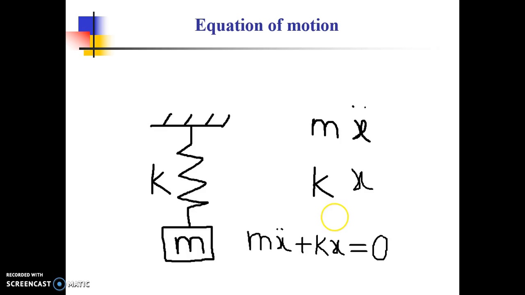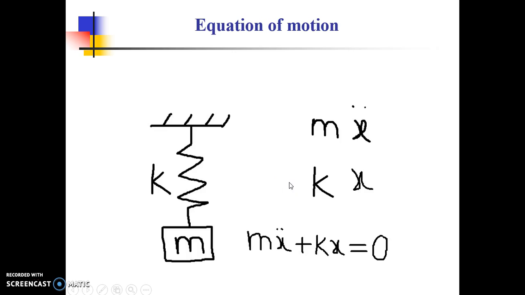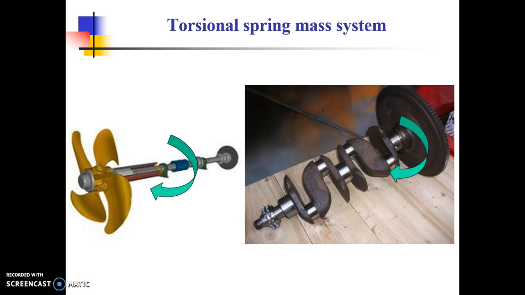So the equation of motion becomes mx double dot plus kx is equal to 0. So in the case of a simple linear spring mass system, the equation of motion is mx double dot plus kx equal to 0.